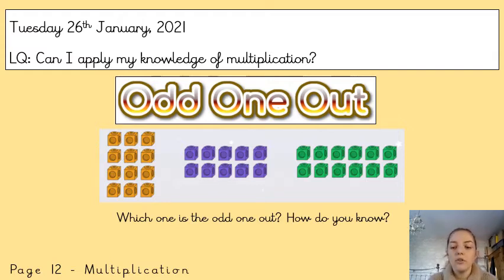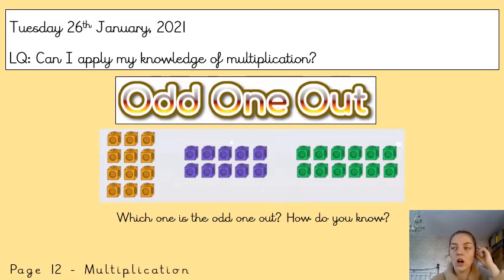Before we start, I've just got a quick little activity that I'd like you to have a go at just to warm our brains up. This is called the odd one out, and I've got 3 different arrays. I want you to figure out which one is the odd one out, and explain how you know this.